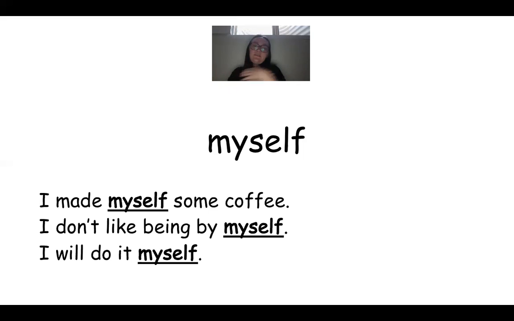Self is talking about just one person. And we use things like my or her or him or them to talk about him or her or them or they, that kind of thing.